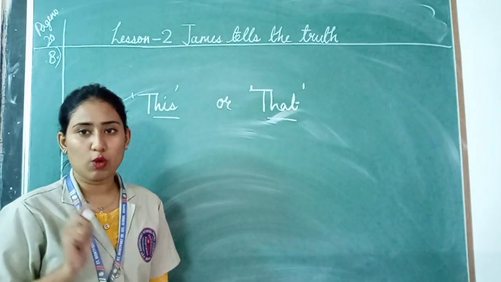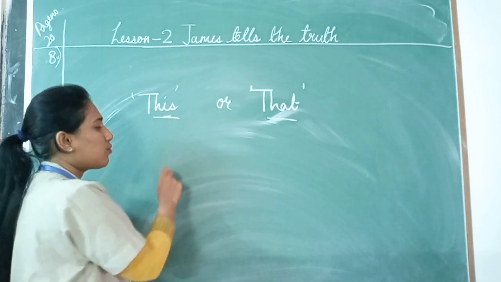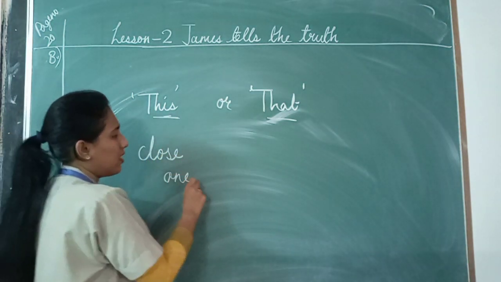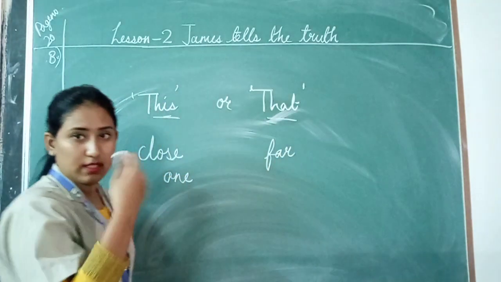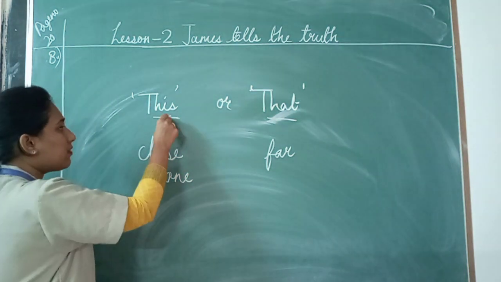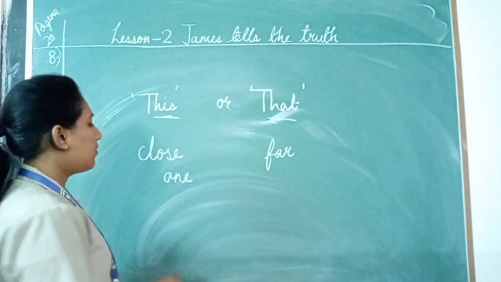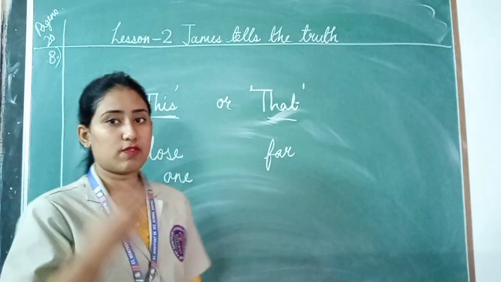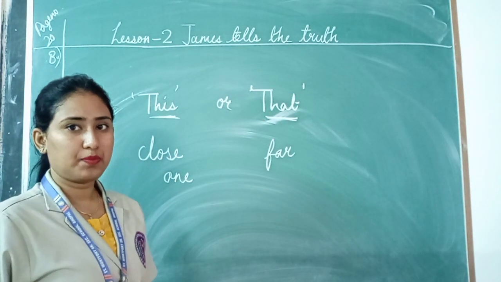But there is one small difference: this is used for close things, and that is used for far things, persons, places. Whenever we are talking about a singular noun that is close to us, nearby, we will use this, and when we are talking about a thing or place that is far away, we will use that. Is that clear everyone?